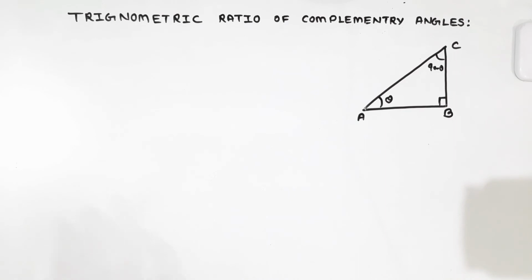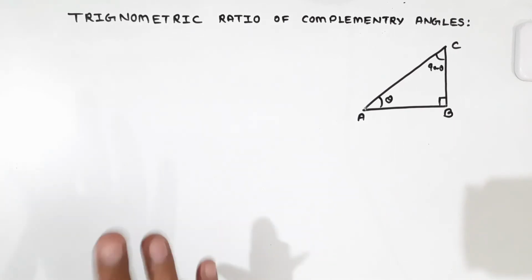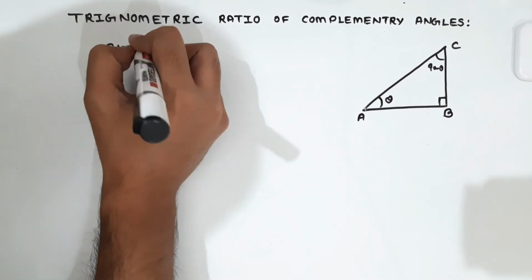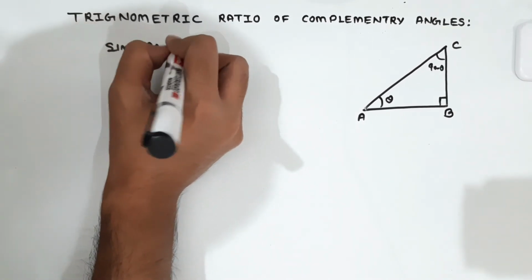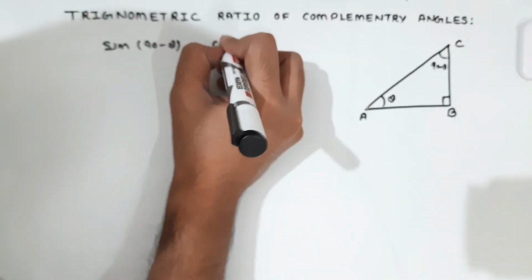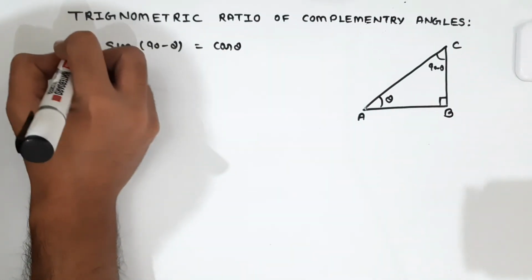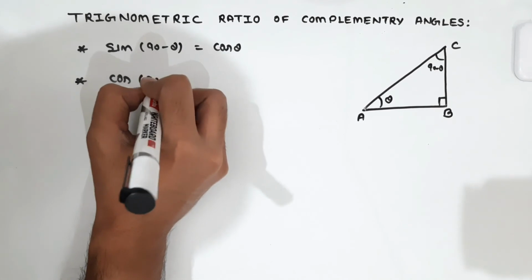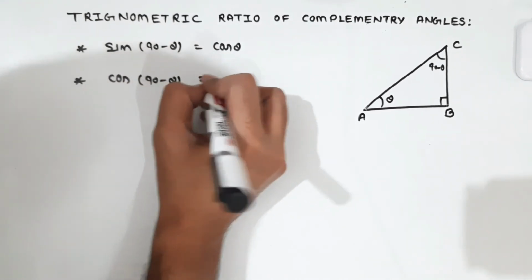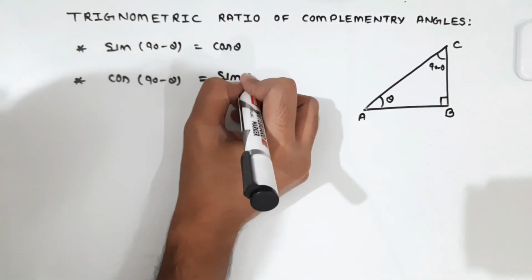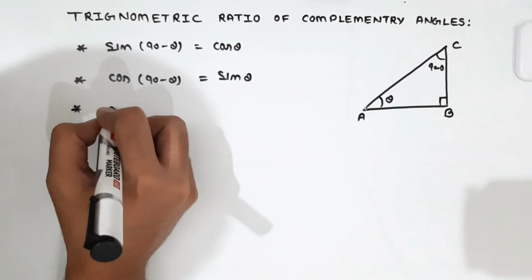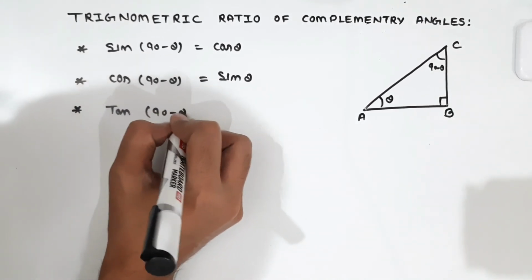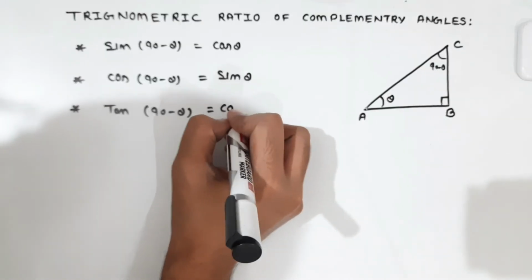Now we will summarize all our conclusions. So our first conclusion is sin 90 minus theta will be equals to cos theta. Then cos 90 minus theta will be equals to sin theta. Then tan 90 minus theta will be equals to cot theta.